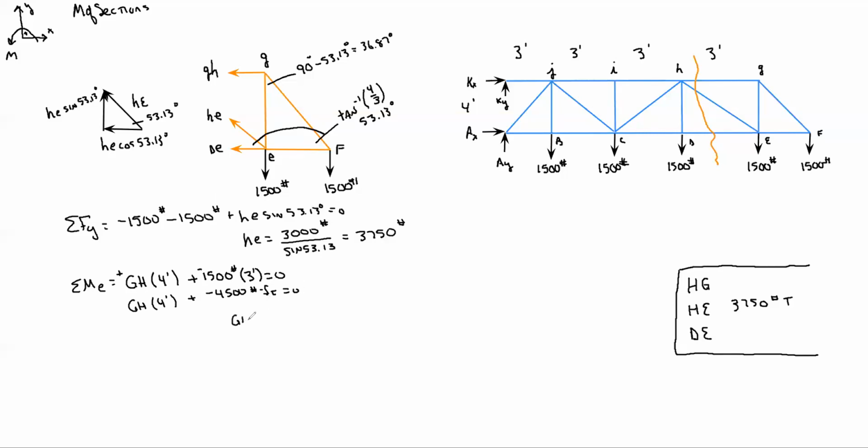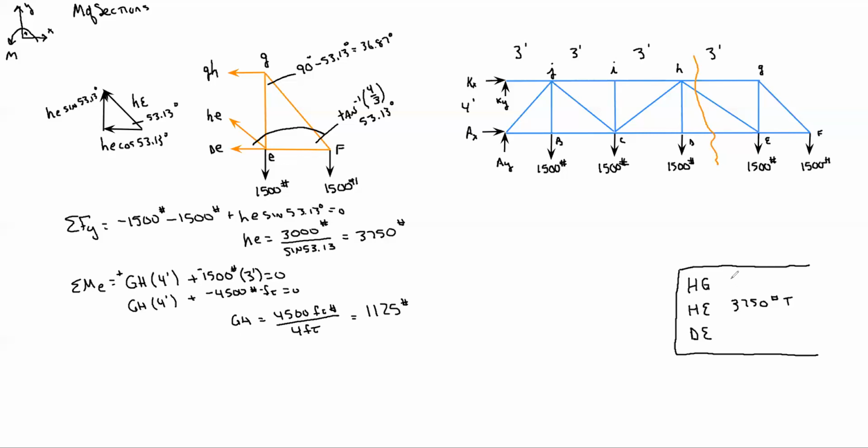That means GH is equal to 4,500 pound-feet divided by 4 feet, which gives us a value of 1,125 pounds. That number came out positive, which is an indication that I have GH in the correct direction. The reaction at GH is pulling away from the pin, which would indicate that the member is in tension.